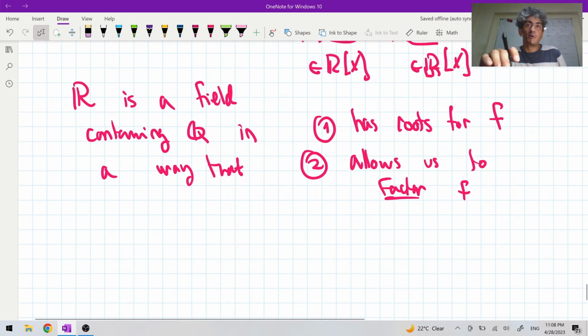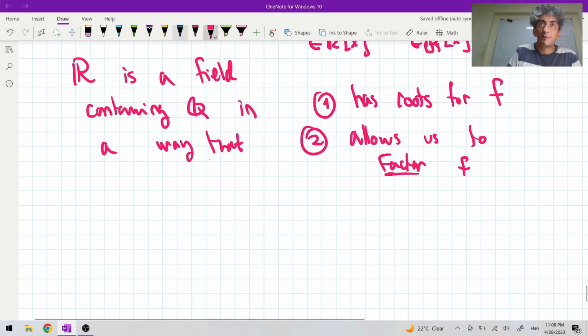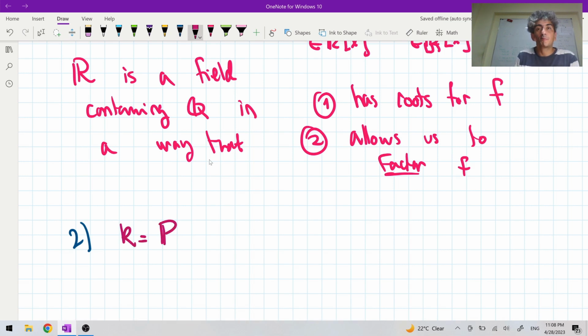Another very known example is going one step further. What about taking k equal to R and taking a look at g of x being x squared plus 1?